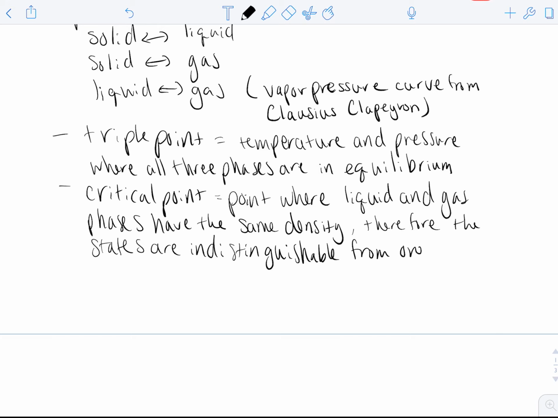Now, with this, above our critical point, we get what's called a supercritical fluid. So at a higher temperature and pressure, we develop a supercritical fluid.